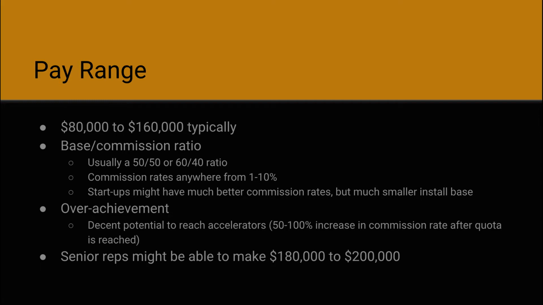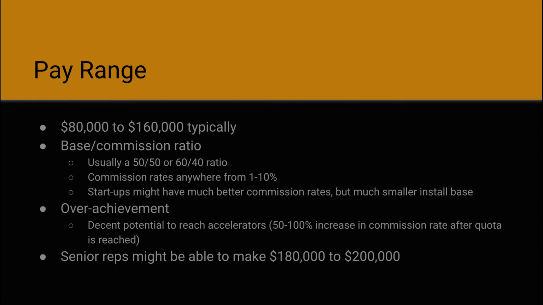Moving on to the pay range, we see a pretty large pay range here, and this is due to either where you live, how far along you are in your career, the company, the commission structure, what kind of products or services you're selling, and it can really come down to anywhere between $80,000 a year to $160,000.